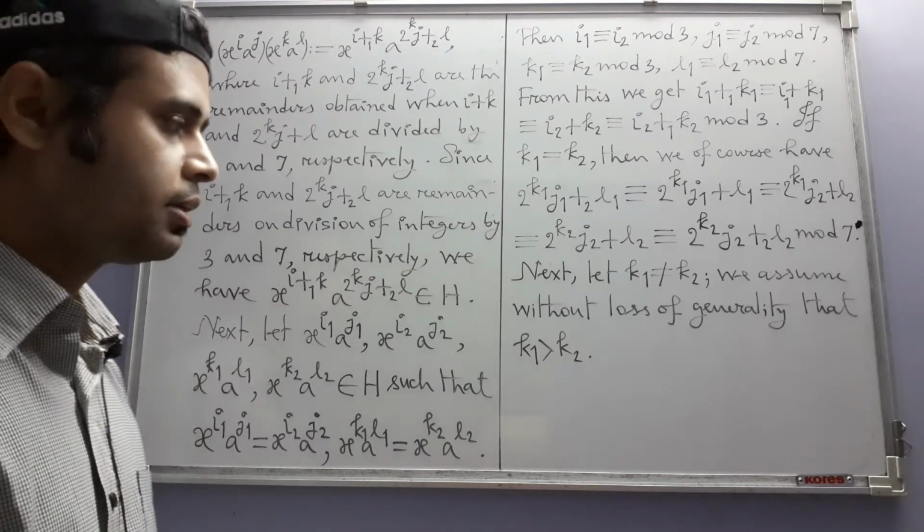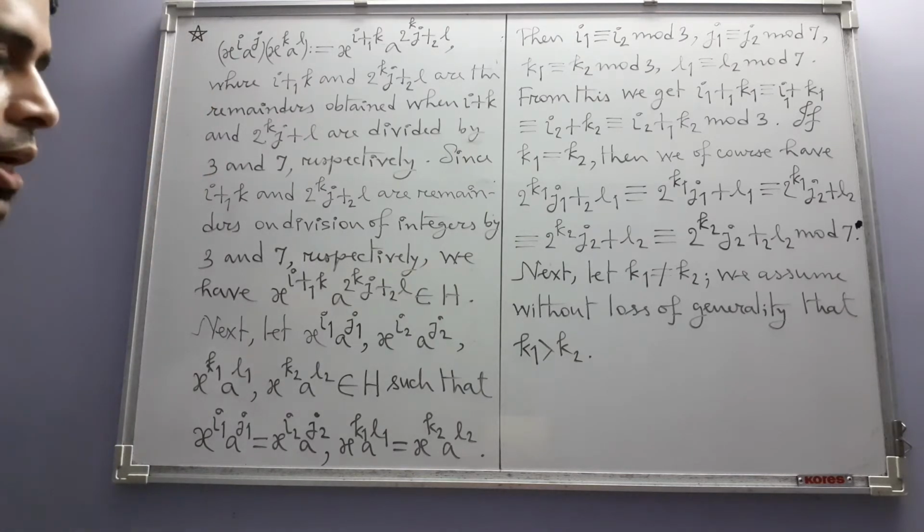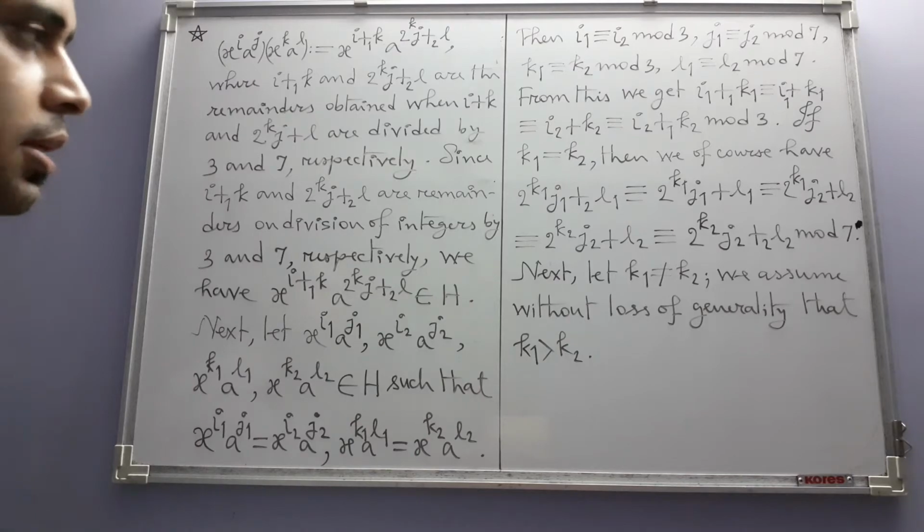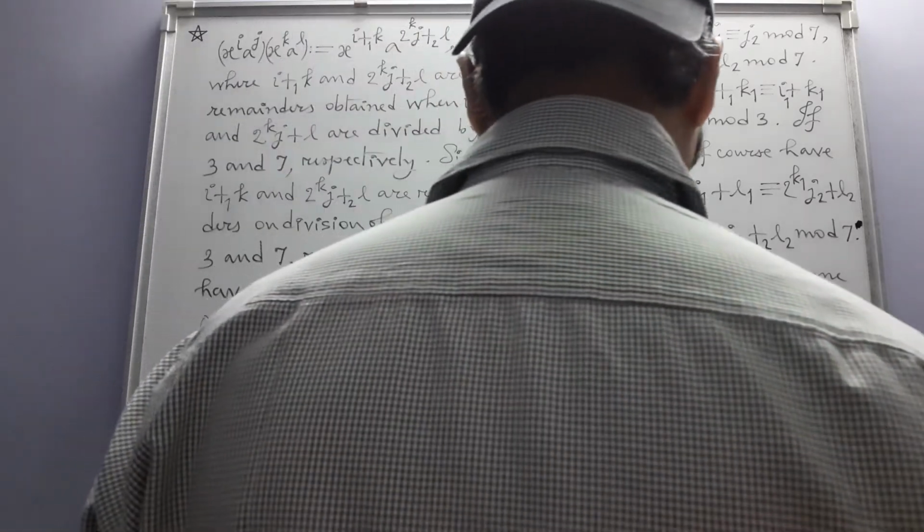Either k1 is greater than k2 or k1 is less than k2; we have to assume one of them. One is sufficient.